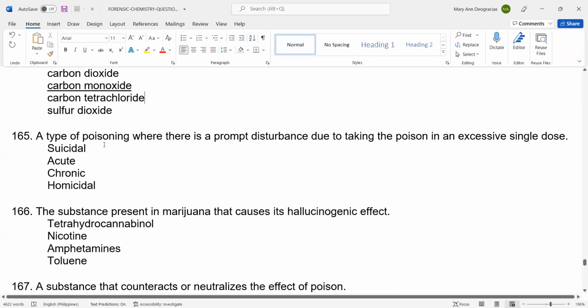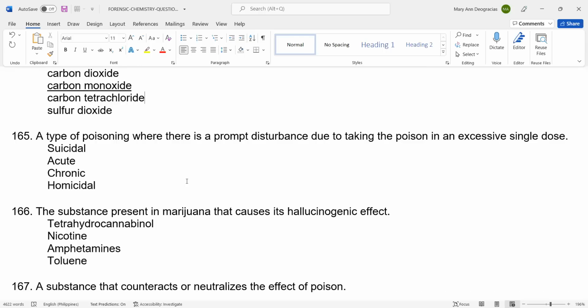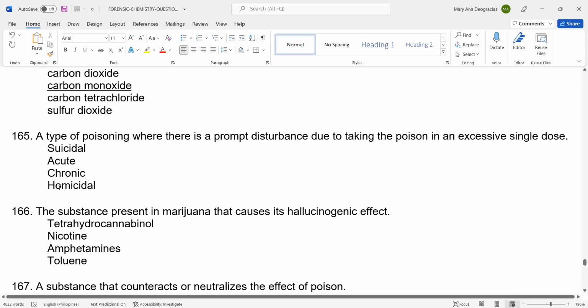A type of poisoning where there is a prompt disturbance due to taking the poison in an excessive single dose. Pagpipilian nyo lang dyan, acute saka chronic eh. Excessive single dose. Is it chronic or acute? Ang chronic is gradual deterioration, ha? Ang acute, biglaan.